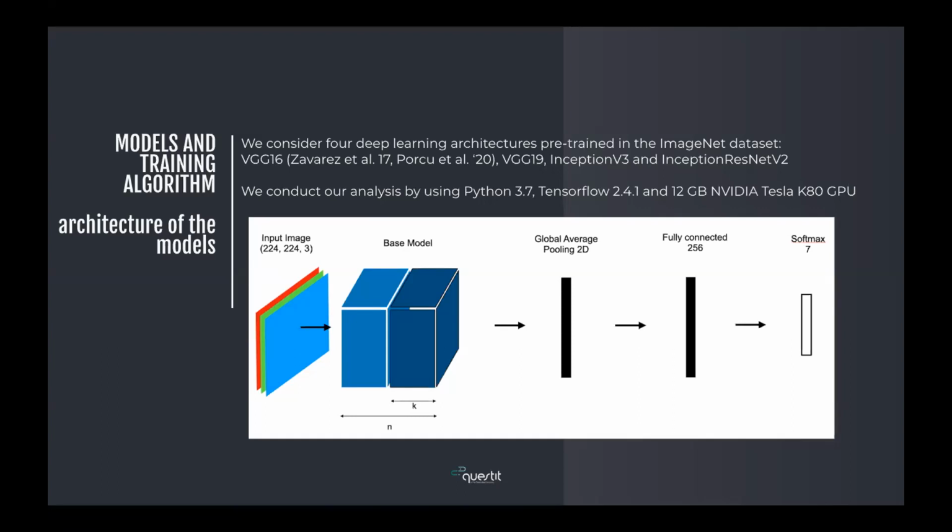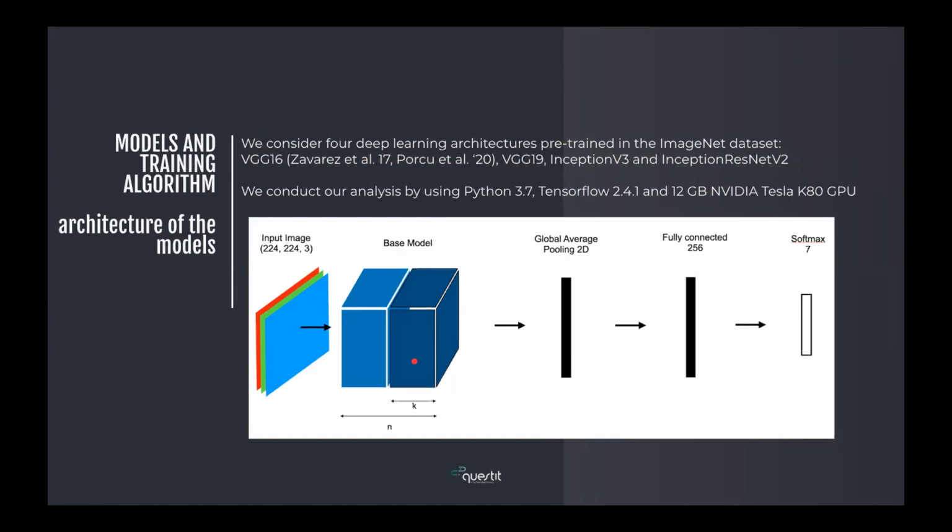And about the models, we consider 4 deep learning architectures pre-trained on the ImageNet dataset. We choose VGG16, already used in the literature, the VGG19, Inception V3, and Inception ResNet V2 models. And here is a schematic picture of our models.